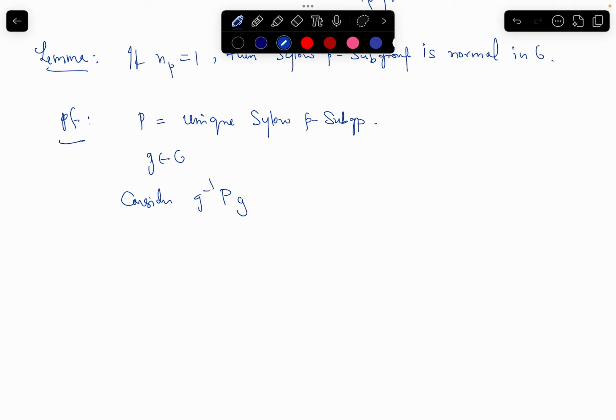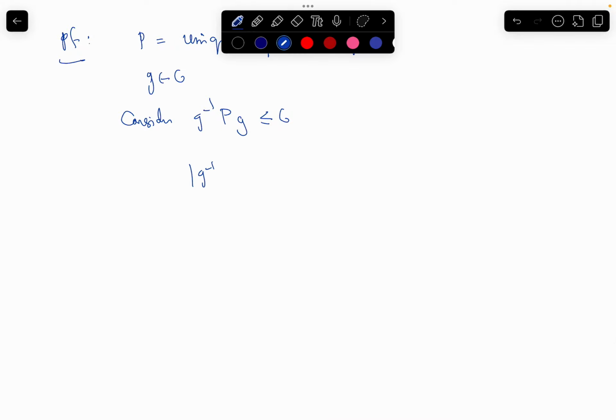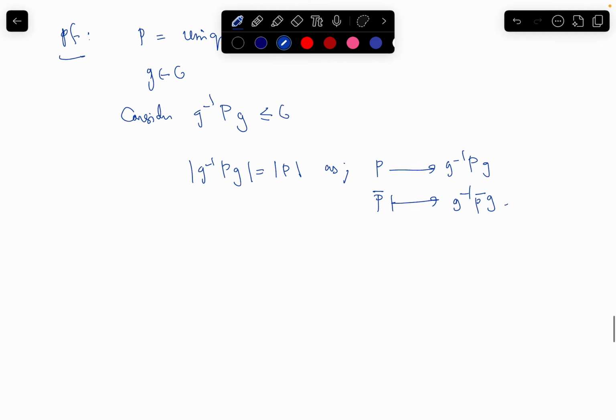In fact, it is a subgroup of G, and the size of g inverse P g is the same as the size of P, as the map from P to g inverse P g, which takes an element p bar to g inverse p bar g, is a bijection, right?